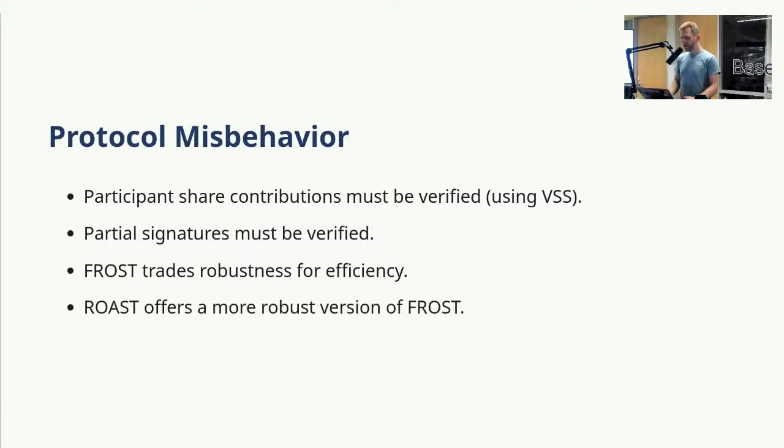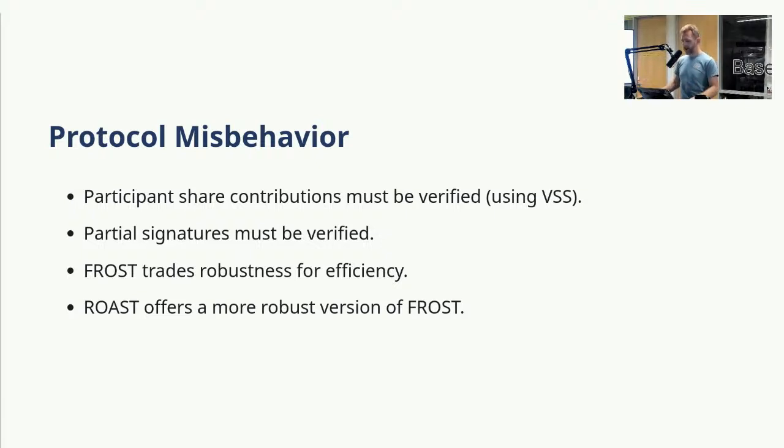But there is something that does, and that's where Roast comes in. So has anybody here heard of Roast before? Roast is a newer protocol that is built on top of Frost, and essentially stands for robust, asynchronous, Schnorr with threshold or something.